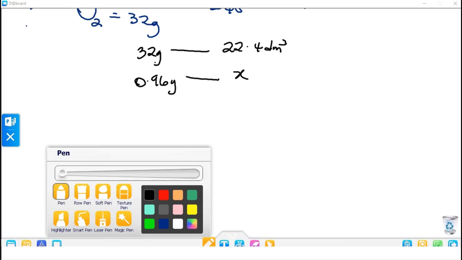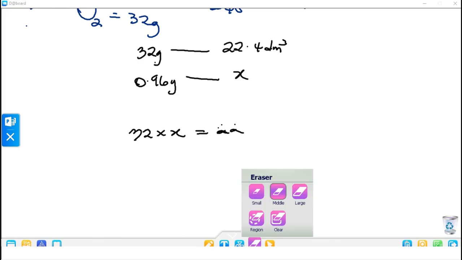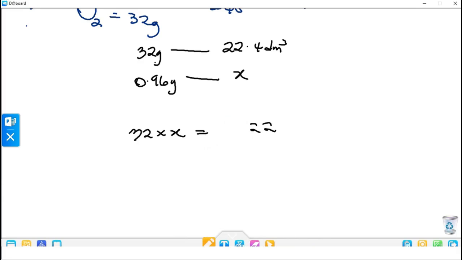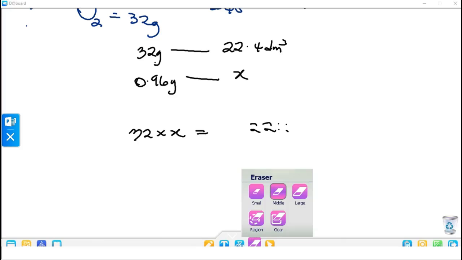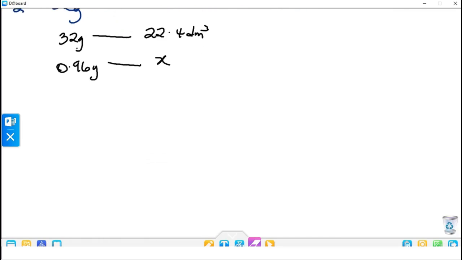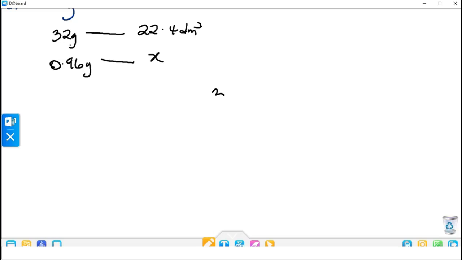So to cross multiply now, we have 32 grams times X is equal to 22.4 times 0.96. So 32X is equal to 22.4 times 0.96.